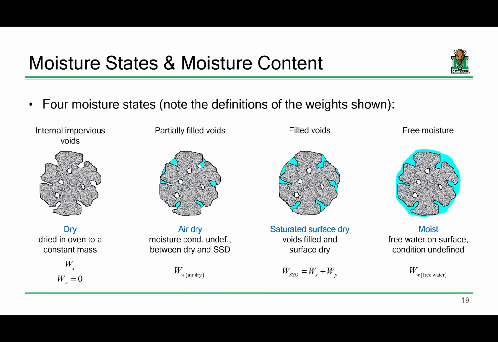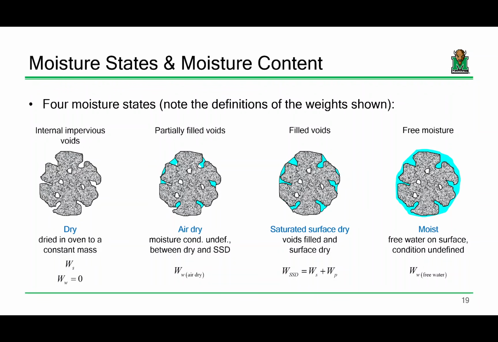If I go out and collect some aggregate in the real world, on a day like today where there hasn't been a lot of humidity, maybe a little bit, but we haven't had rain, then the aggregate in the field is probably such that some of the pores got a little bit of water, but not all of them.